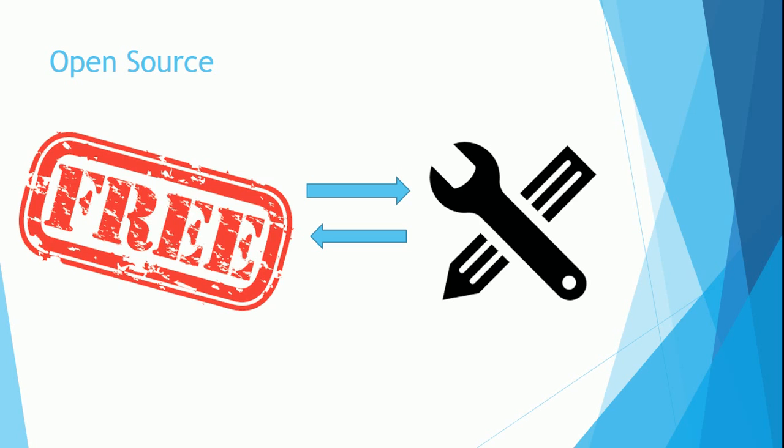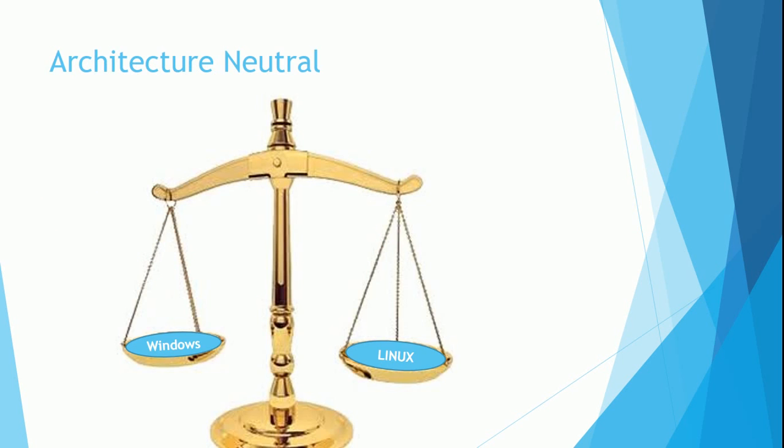So the third one is architecture neutral. What it means is, Java maintains the neutral concept in every environment. In other programming languages, like C or C++, the size of a data type may differ. Let's take the example of the integer data type.